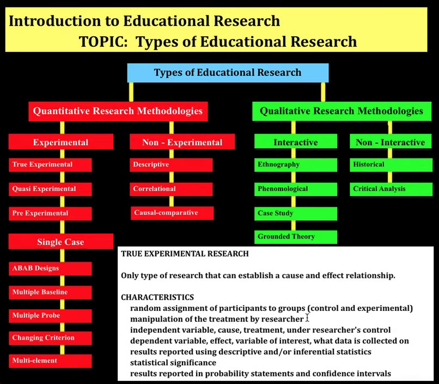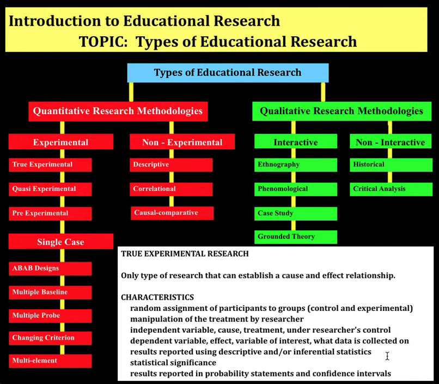Now, the independent variable is the cause in a cause and effect relationship, or it's the treatment, and it's under the researcher's control. Again, this is under the quantitative research methodology. The dependent variable is the effect, or the variable of interest, or what the data is collected on.